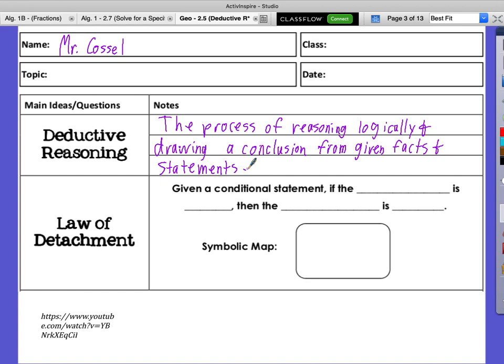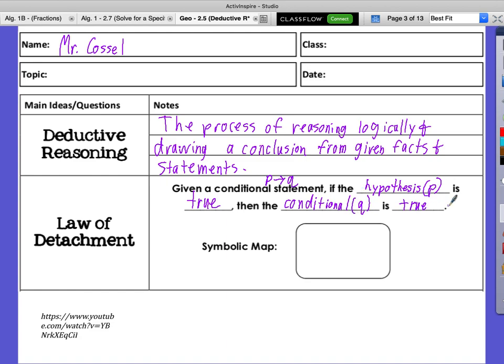Okay. So now one of the types is called the law of detachment. We're going to learn two different laws today. One of them is the law of detachment. Given a conditional statement, that's like our P then Q. If P then Q. If the hypothesis, P, is true, then the conclusion, which was Q, is also true.